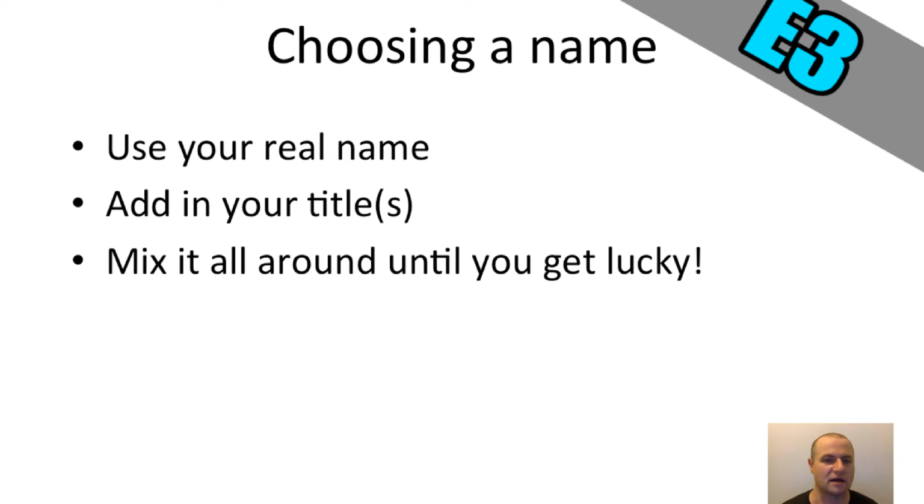But if you add in a title like Miss Kim Soo-yeon, if you mix it around like Soo-yeon Kim, Kim Soo-yeon, Miss Kim Soo-yeon, Miss Soo-yeon Kim, even maybe a degree. So with certain degrees like an MBA or a PhD, you can include that as part of your title with your name. So you could put Kim Soo-yeon PhD, Kim Soo-yeon CPA, Kim Soo-yeon MBA, like that, depending on your field. Right? So let's look at some examples of this.